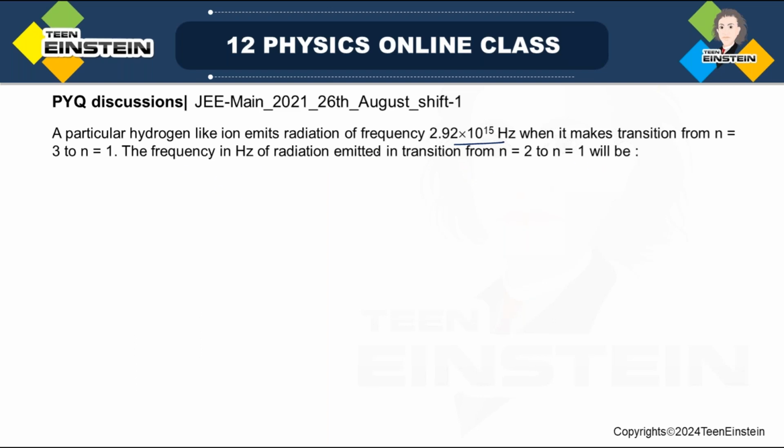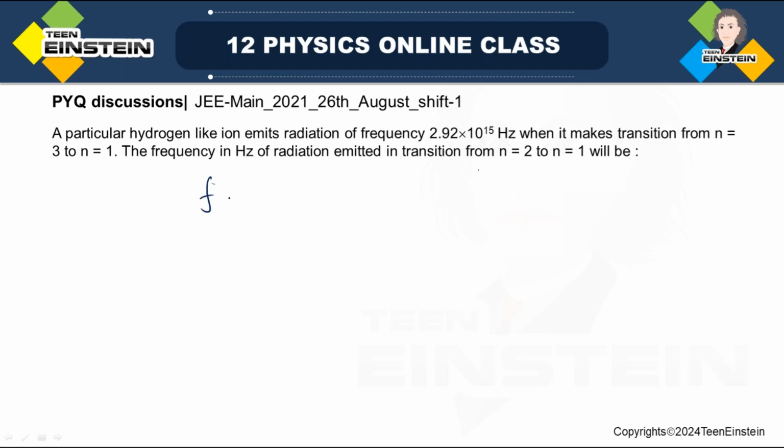So look, let me write in nu itself. h nu is actually the energy, right? So how do you get the energy? It is Z square into R. All these constants I'll take as K, and I'll directly write the expression for the frequency, which you also have to remember.